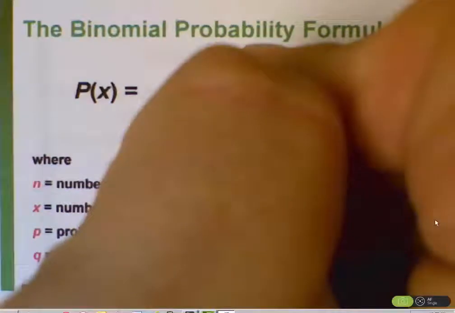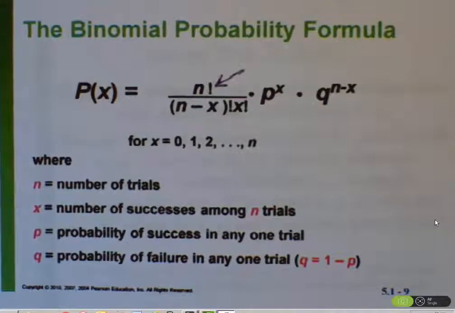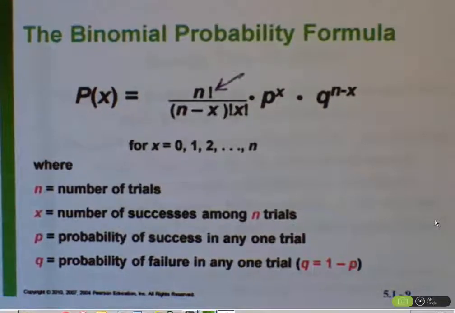But also, just in case you're wondering what that exclamation mark is, N with an exclamation mark doesn't mean in a really loud voice. That's called N factorial. For example, 5 factorial would mean to multiply 5 times 4 times 3 times 2 times 1. 7 factorial would be 7 times 6 times 5 times 4 times 3 times 2 times 1.